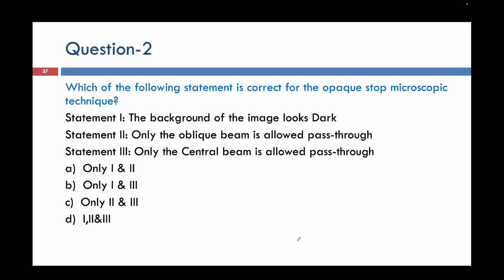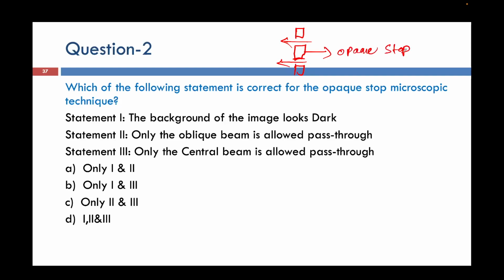The next question is, which of the following statements is correct for the opaque stop microscopy technique? Opaque stop means we are putting a stop. I have told you in dark field microscopy how we allow only our incident beam like this, and this central portion we are blocking.